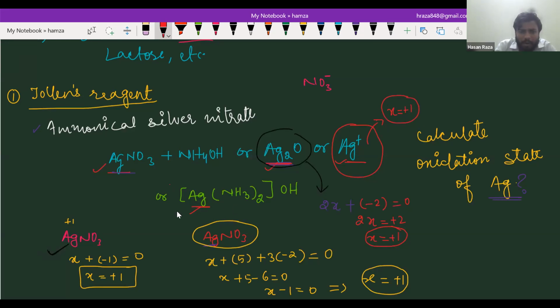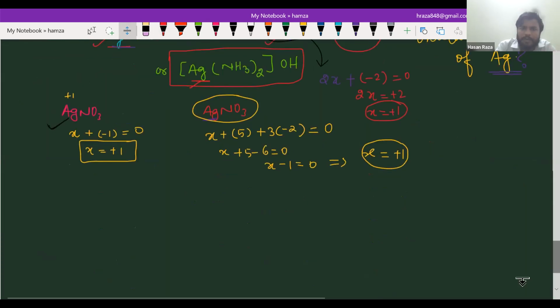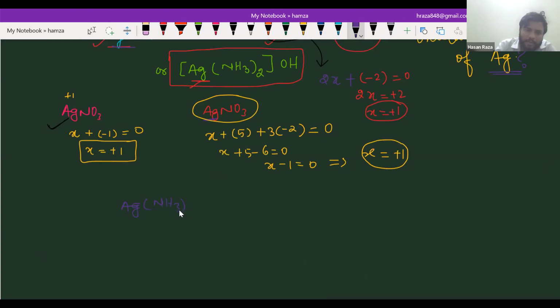Now, when you are going to talk about Ag(NH3)2 OH, I'm going to explain this. We need to calculate the oxidation state of Ag, so I'm going to take it as X. NH3 has oxidation state 0, and 2 are there, so multiplied by 2.